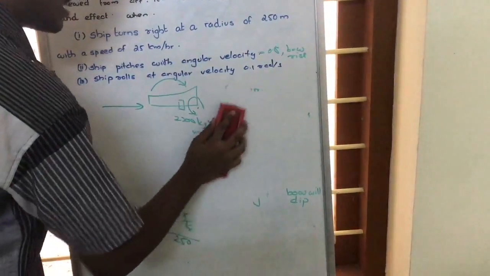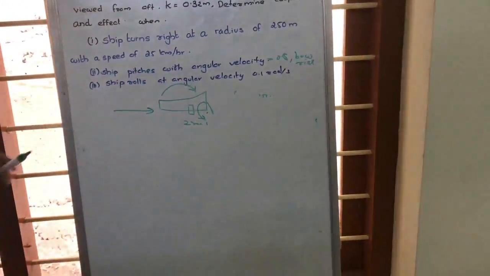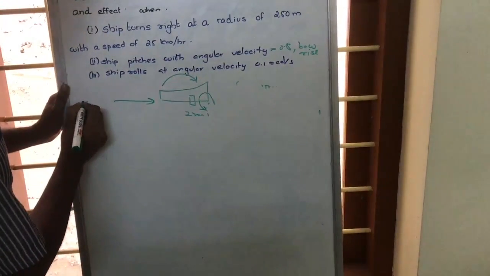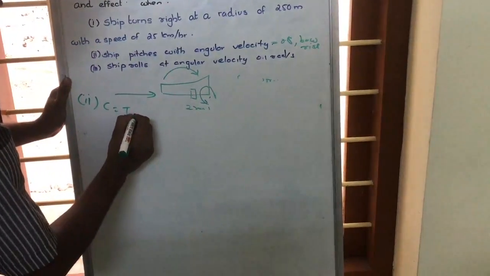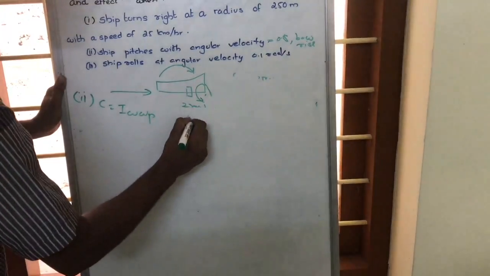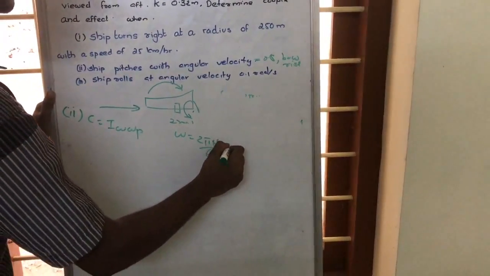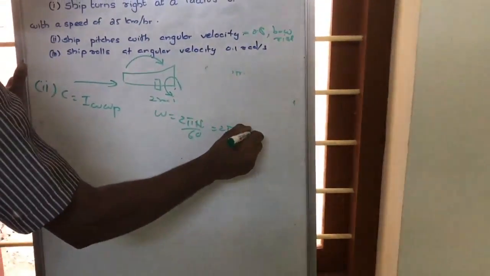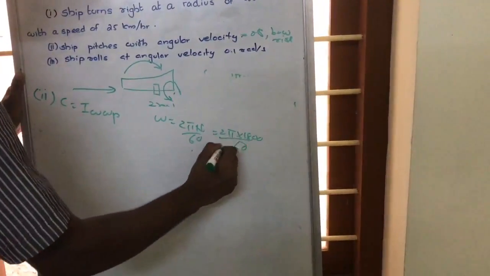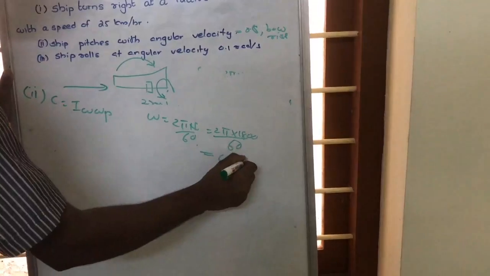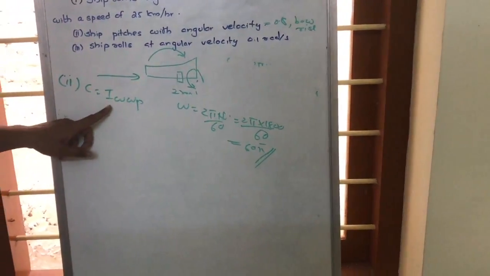this couple will have the same formula. C for the second question is I omega p, and omega for the rotor is 2 pi N by 60. Similar to the earlier case, it is 2 pi into 1800 by 60. It is similar, and I is also mk square.